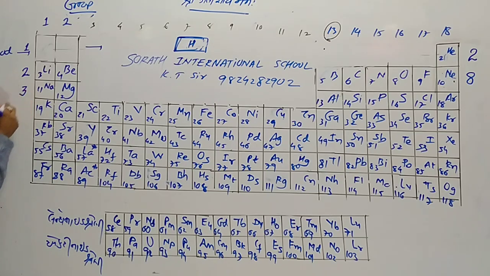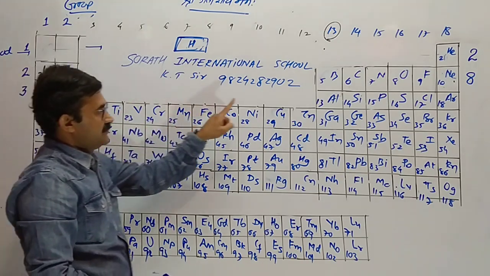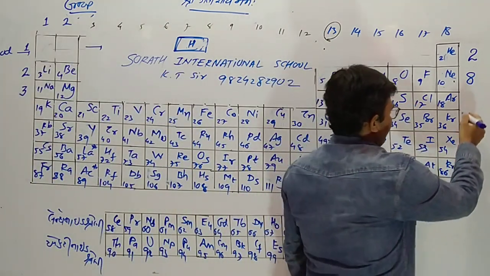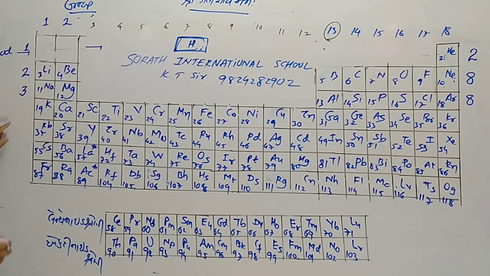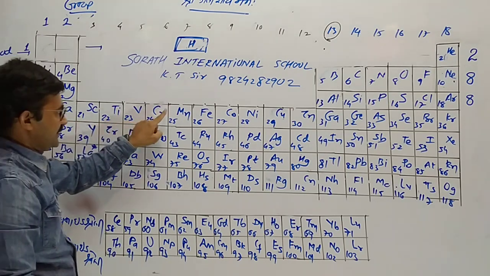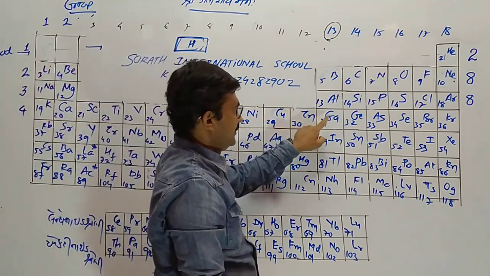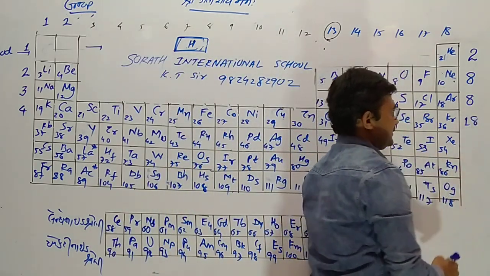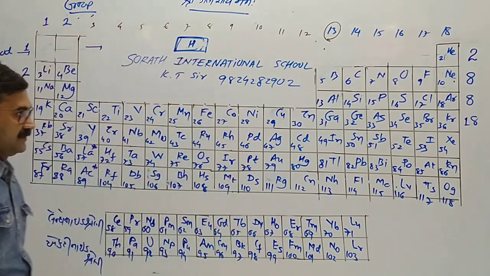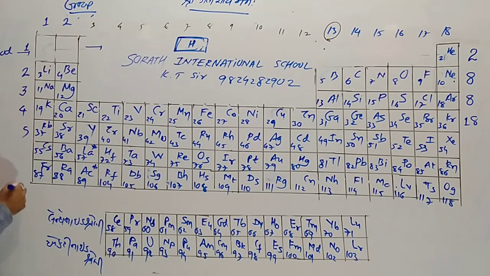In the third period, also 8. In the fourth period, you can see 18 elements. In the fifth period, same, 18 elements.